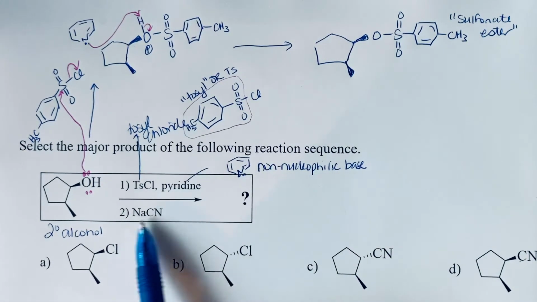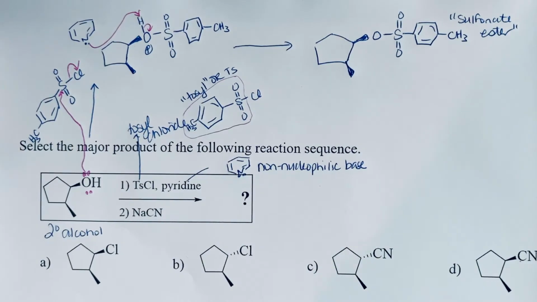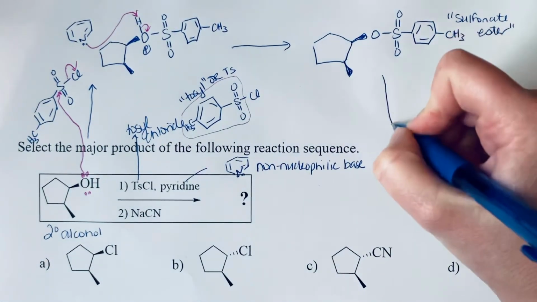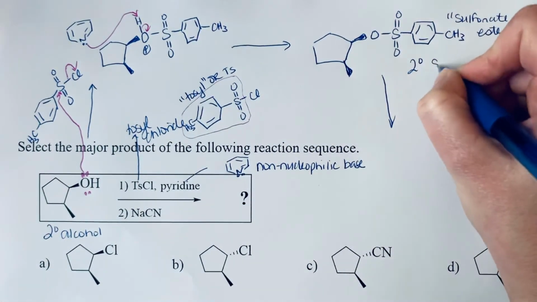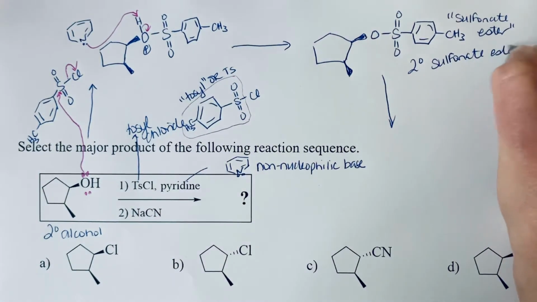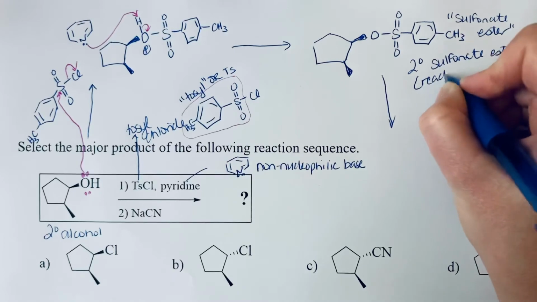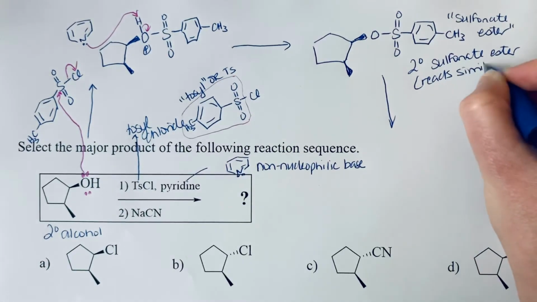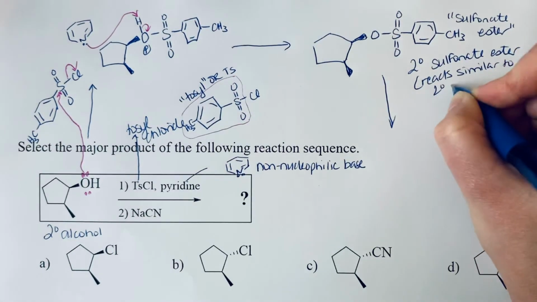So in your second step, you've got sodium cyanide. So cyanide, that's a pretty decent nucleophile. It's not a really strong base. So you would expect in the second step, because you've got a secondary sulfonate ester, and we're going to say that this will react similar to a secondary alkyl halide.